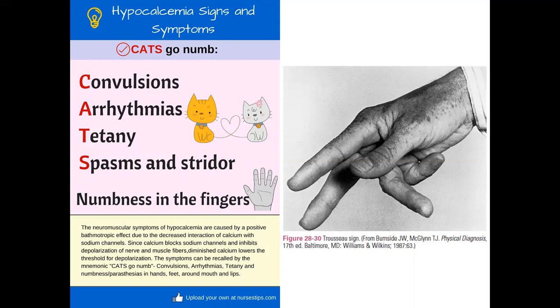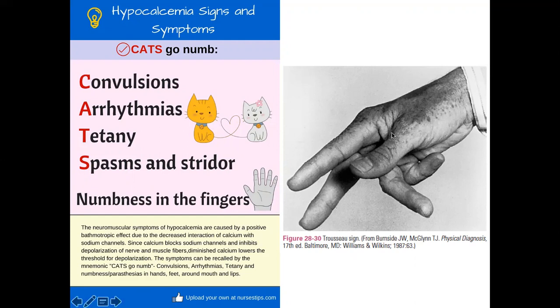So what are the things that we check? We check for Chvostek's sign. You tap the temporal area and look for twitching of the face, signaling muscle irritability. We also look for the Trousseau sign.